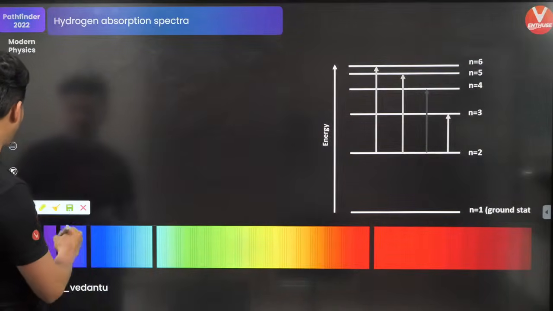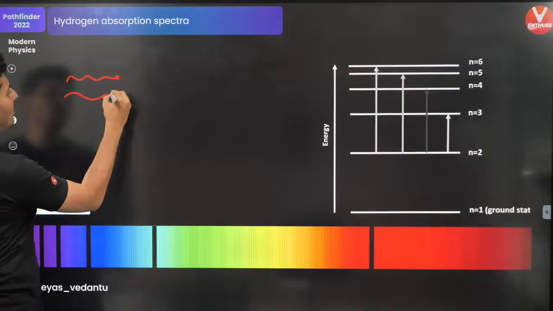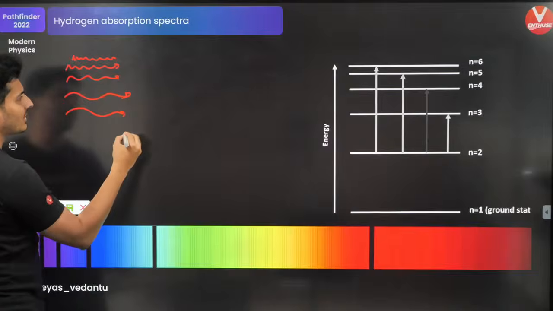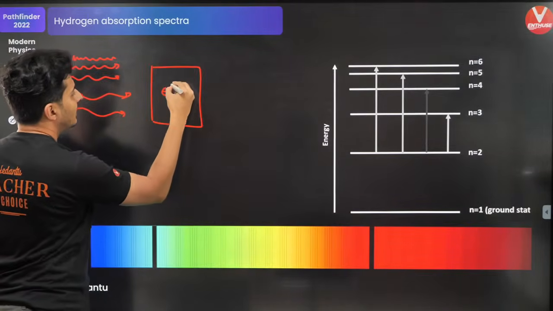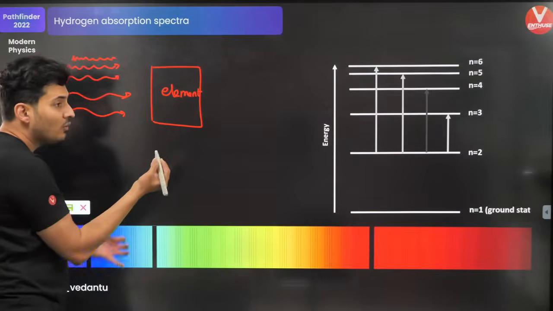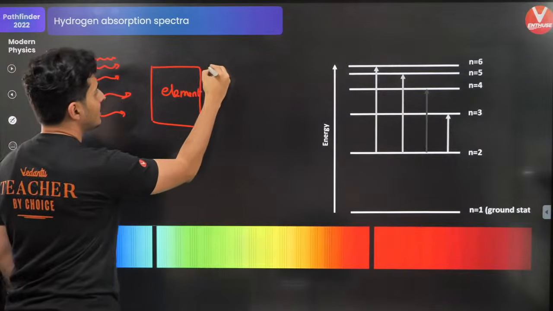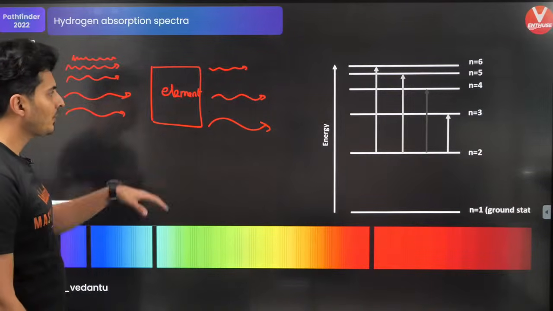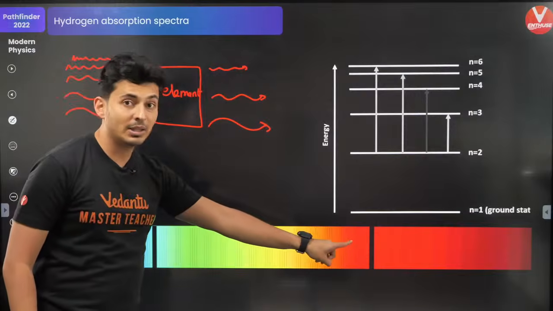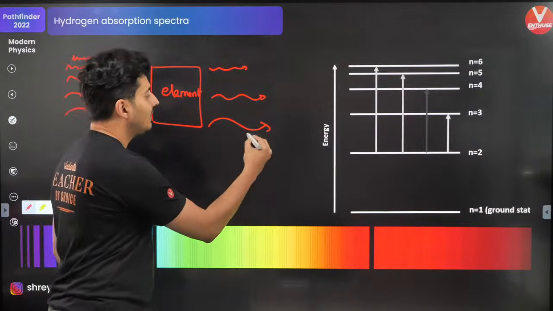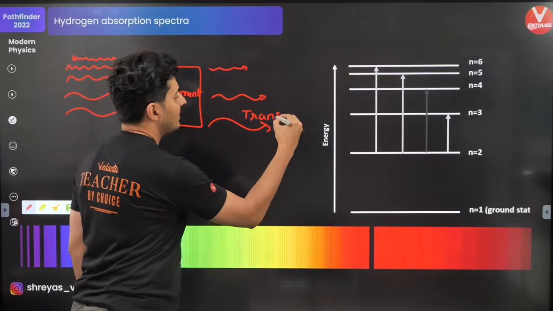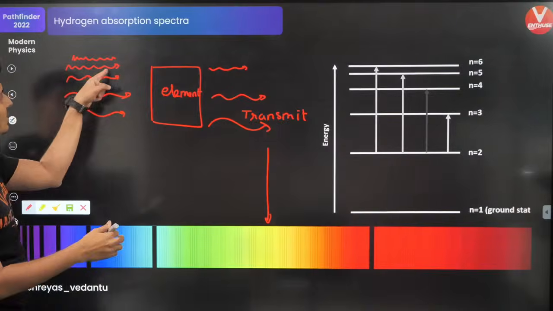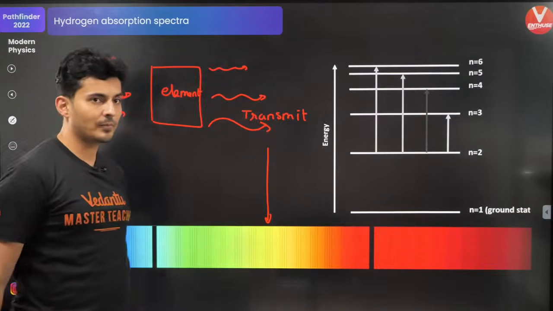You have light of all possible wavelengths, and here you have that element. That element will absorb a few of the wavelengths. Some wavelengths will pass through it, some will get absorbed. So whatever you see over here, the bright ones are the ones which get transmitted. The ones which got eliminated, maybe this one or this one, are the ones which are missing.